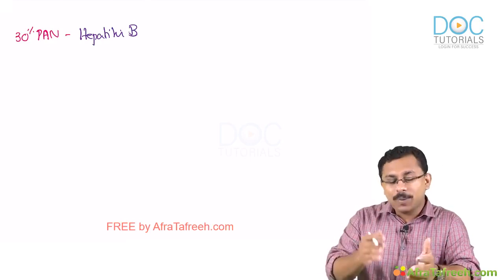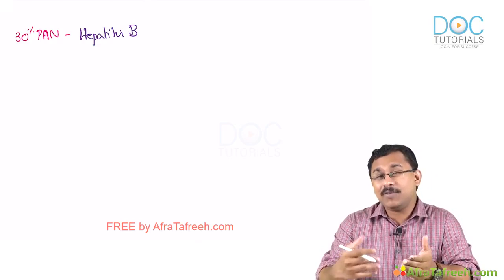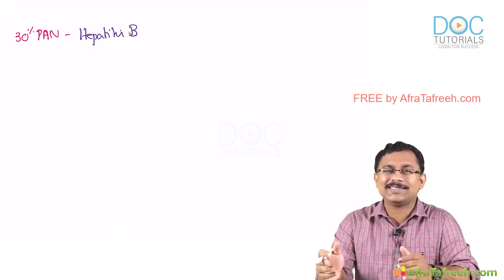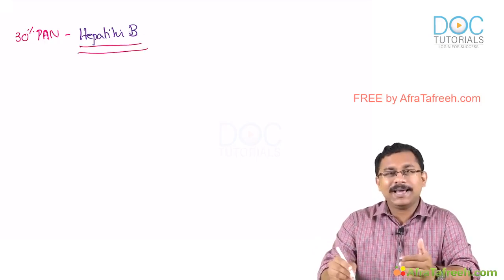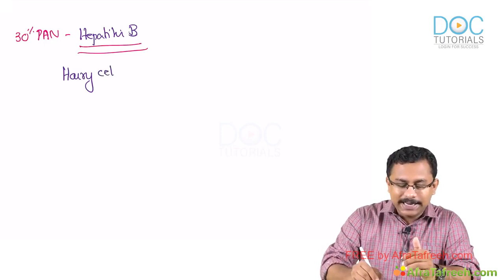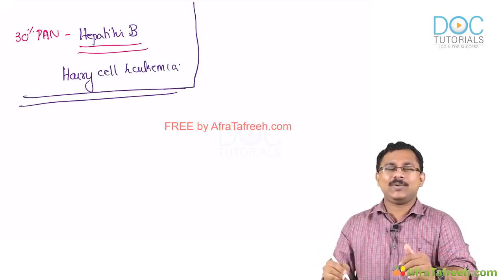So probably one of the infectious triggers or antigens that is triggering the vasculitis in PAN could be hepatitis B infection. And remember that PAN also has an association with hairy cell leukemia. Keep that point in mind, you might get a question.